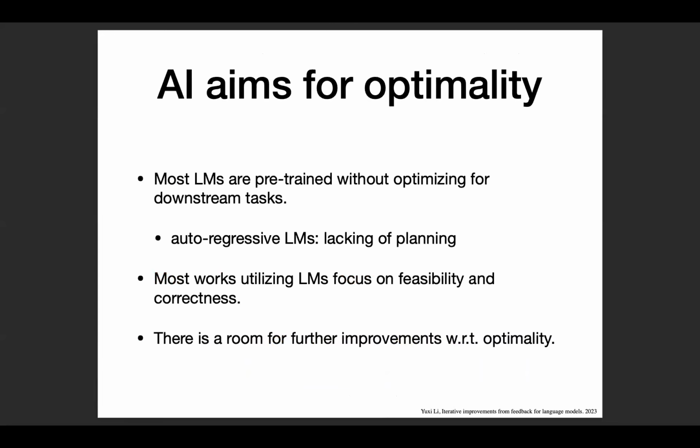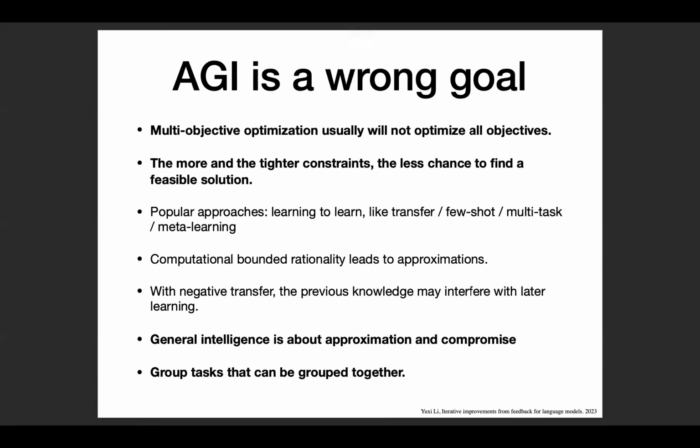And optimality. In AI, we hope to have some optimal solution rather than just an okay or feasible solution. This may be a surprise to you, but people are talking about AGI. In optimization, there are two very intuitive principles. First, when we have multiple objectives, usually we cannot optimize all of them.